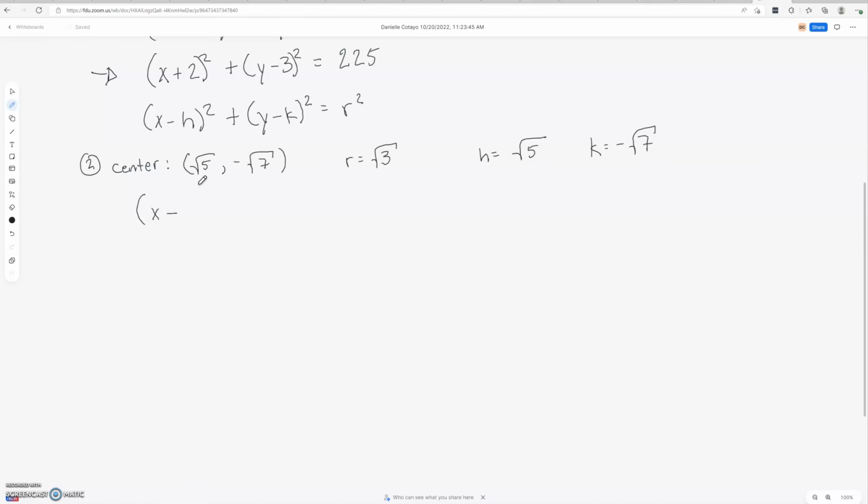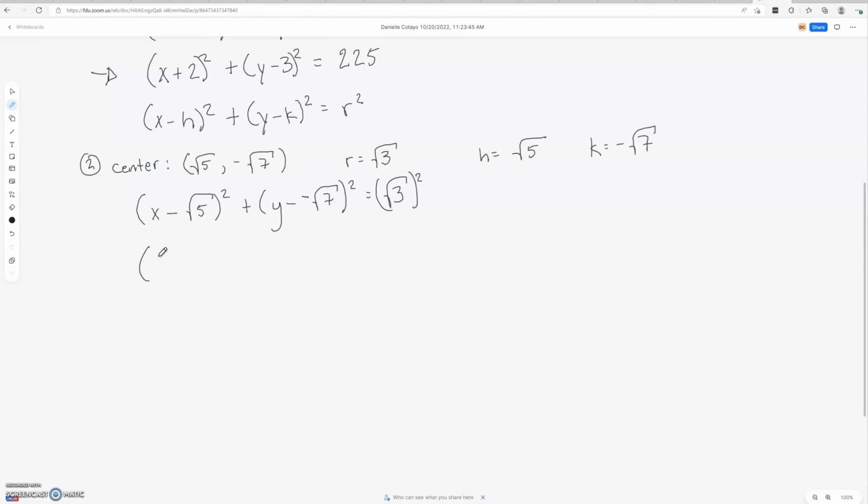So x minus my h, (x minus radical 5) squared, plus y minus my k. My k is negative radical 7, so (y minus negative radical 7) squared is equal to radical 3 squared.